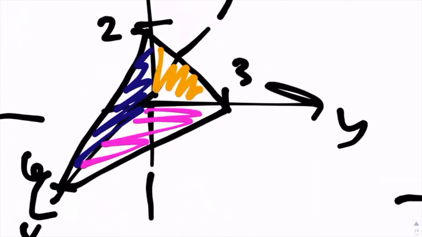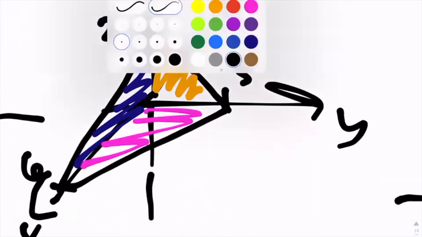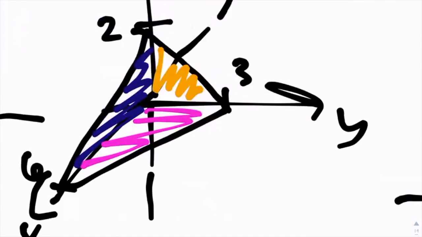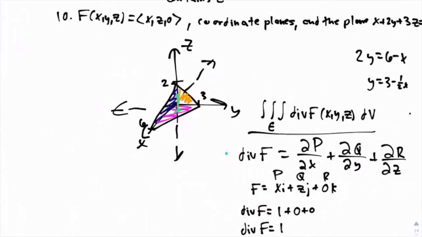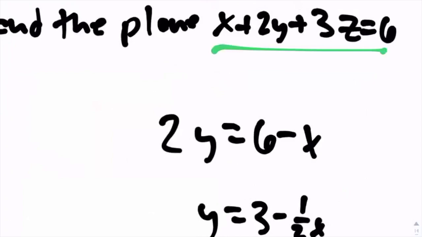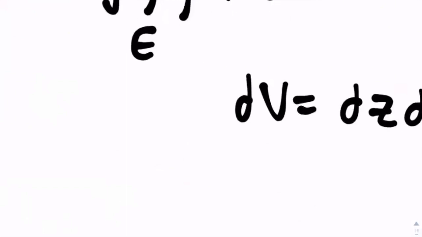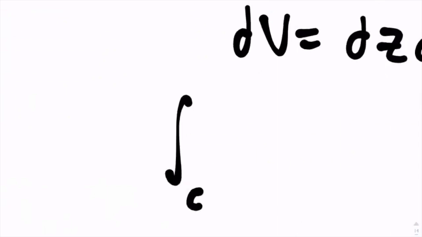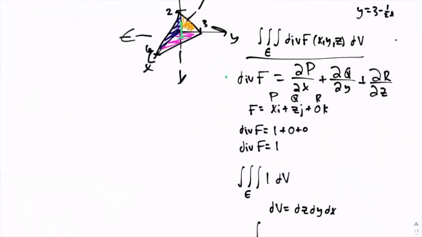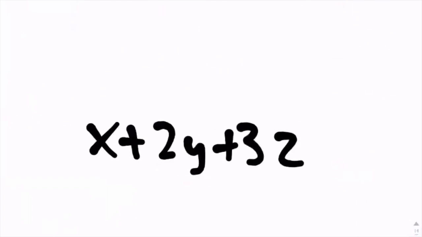So looking at how z is bounded, we see that below it's bounded by the xy plane, but above, the only thing that's really blocking it is this plane x plus 2y plus 3z is equal to 6. Hence, we can say for z, the limits are 0, and then solving for z in this, we have x plus 2y plus 3z is equal to 6.